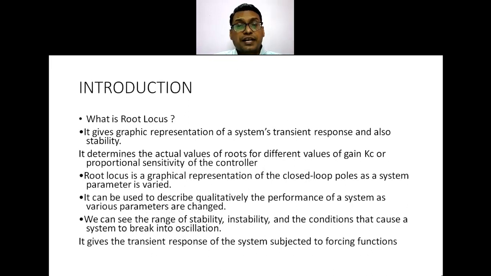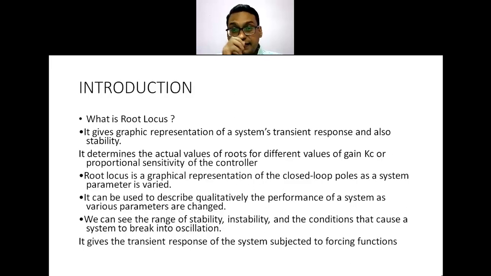It is a graphical representation of the system's transient response and also its stability. It talks of the stability and the transient response, and which path it follows is obtained from this root locus diagram.